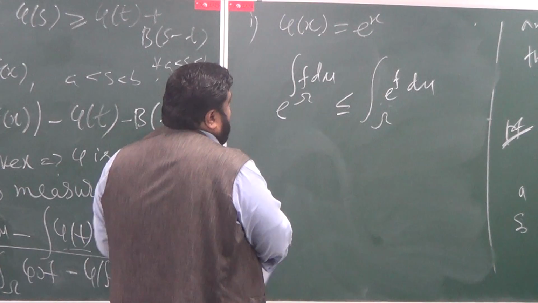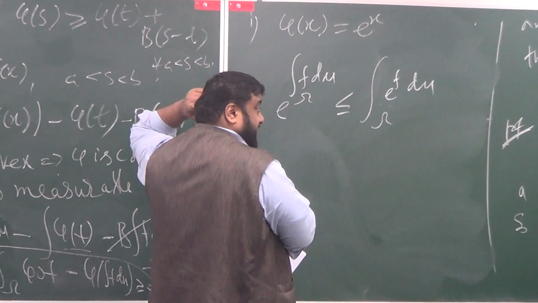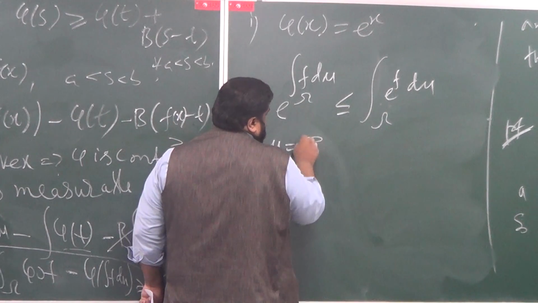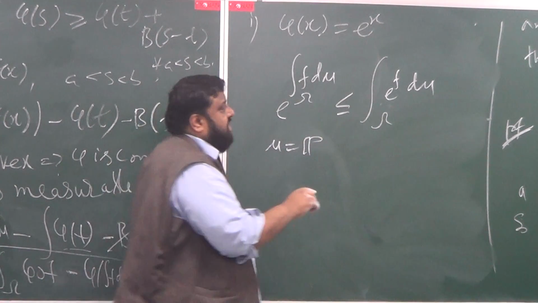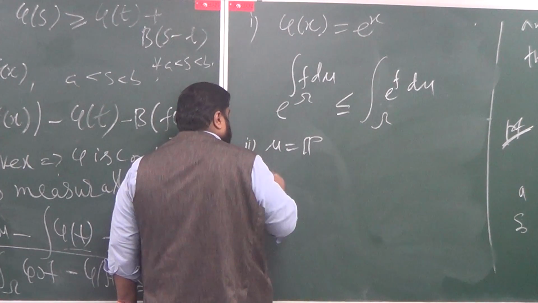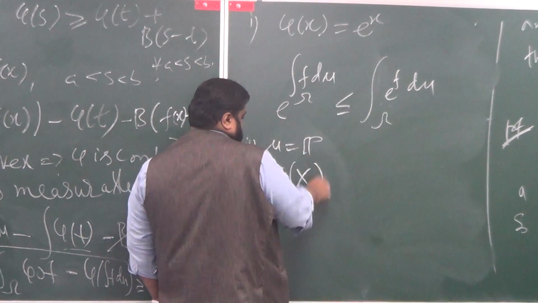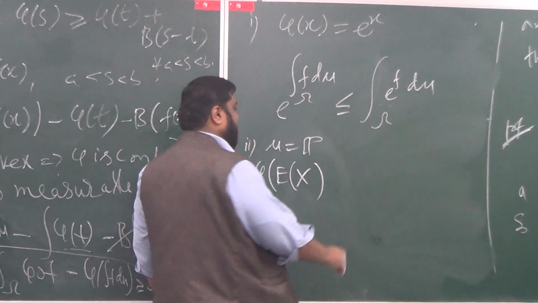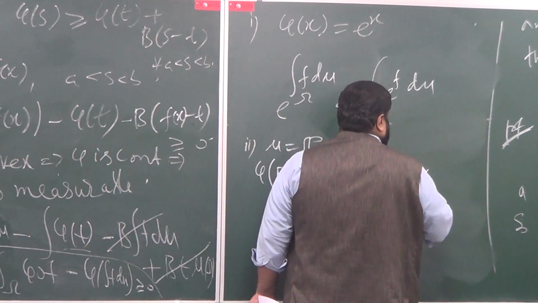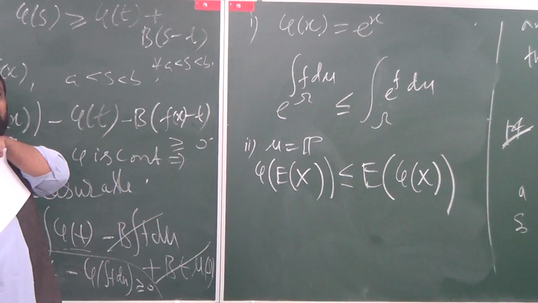By the way, if I treat mu to be the probability measure, then I can treat this inequality as phi of the expectation of x, where f is say x, an integrable random variable, is less than or equal to the expectation of phi of x, for any convex function.